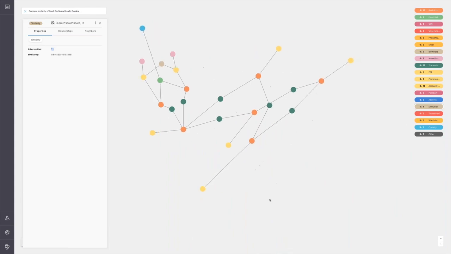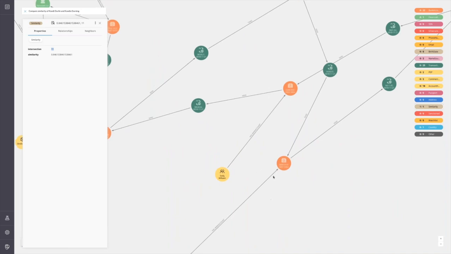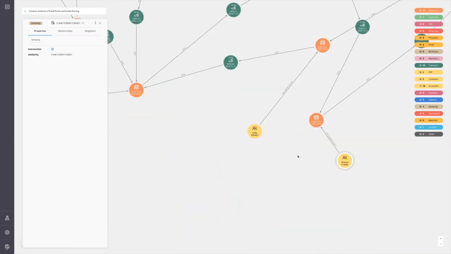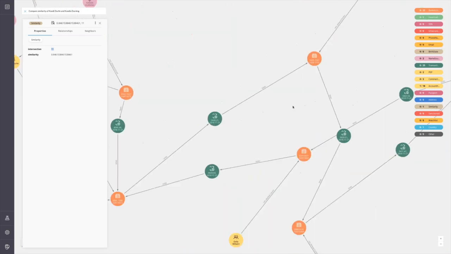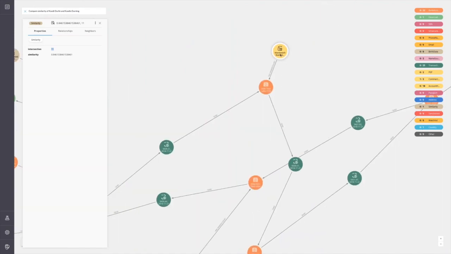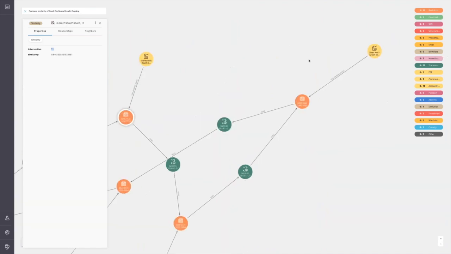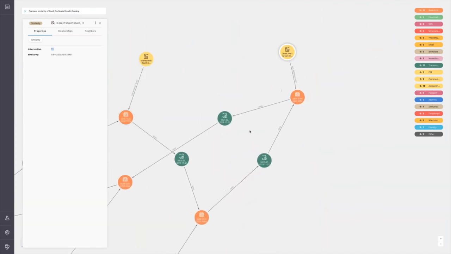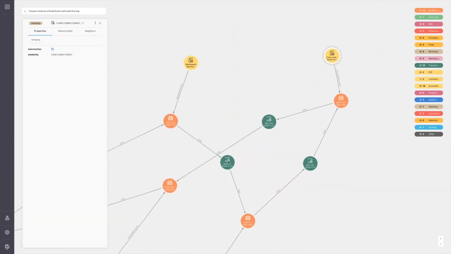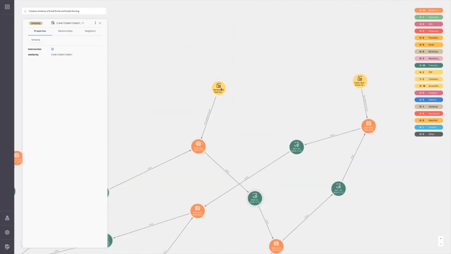So maybe what we also want to do is take a look at our corporate account holders that are involved here: Manitowish Real Estate and Clean and Green Dry Cleaning Company. What can we learn about them? What we can do is take a look at their ultimate beneficial owners.